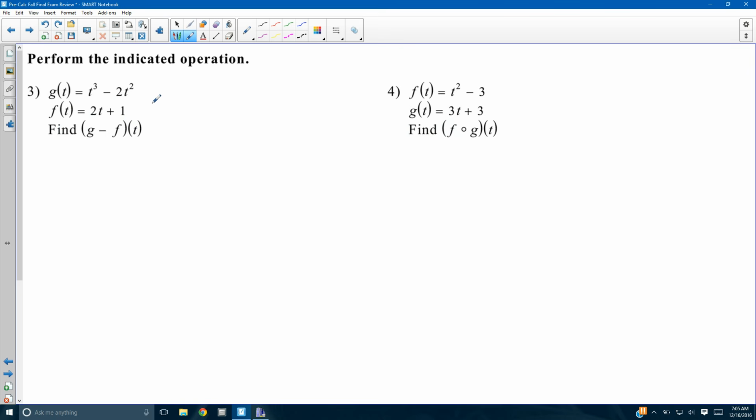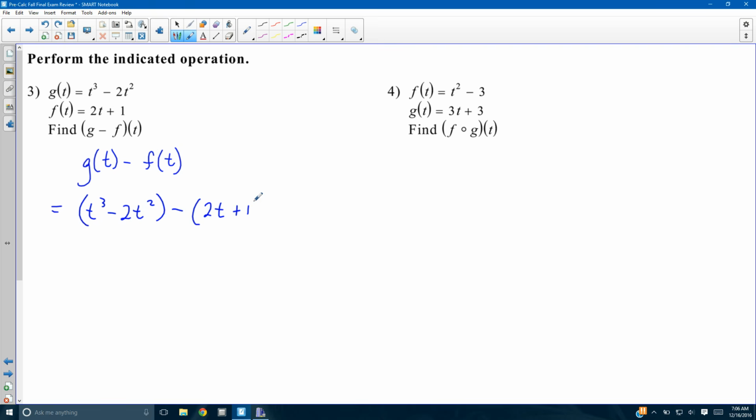Number 3, perform the indicated operation. g of t equals t cubed minus 2t squared. f of t equals 2t plus 1. Let's find g minus f of t. g minus f of t is g of t minus f of t. g of t very specifically is t cubed minus 2t squared. I'm going to wrap this in parentheses just to make sure I understand that is g of t. f of t right here is 2t plus 1.